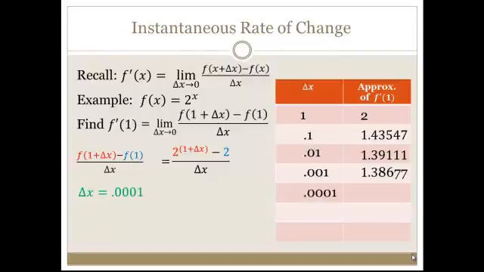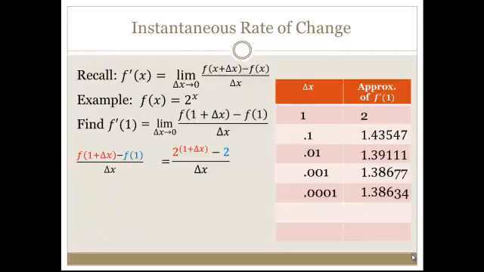Now, let's look at delta x equals 0.0001. Here we compute our approximation as 2 to the 1 plus 0.0001 minus 2 all over 0.0001, which comes to 1.38634. Adding this to our list, we see that our last two approximations are the same to the first three decimal places.